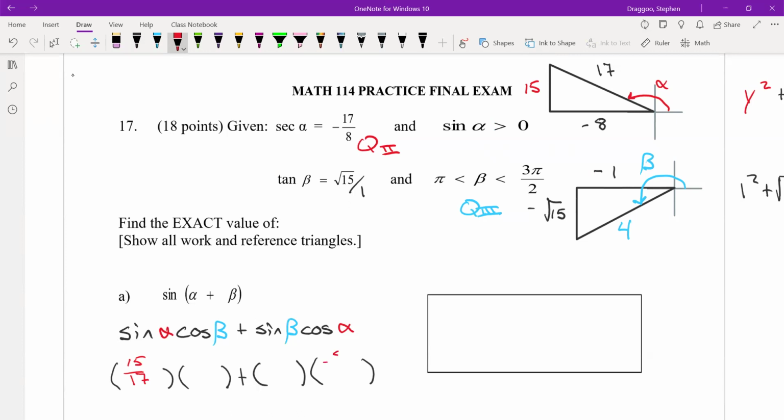That's negative 8 over 17. Switching over to the blue angle, I know the cosine of beta is negative 1 over 4. And the sine of beta is negative root 15 over 4.